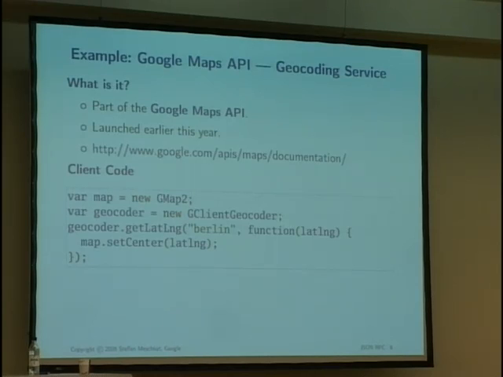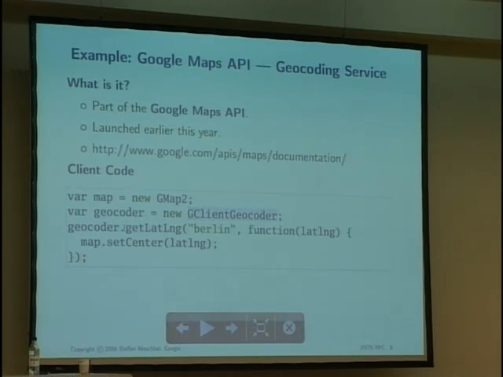Since earlier this year, the Google Maps API also provides a geocoding service. That is, in the Google Maps API, you can instantiate an object. How you do it is seen here. In order to create a map, you instantiate this gmap2 object, and in order to use this geocoding service, you instantiate this client geocoder object.